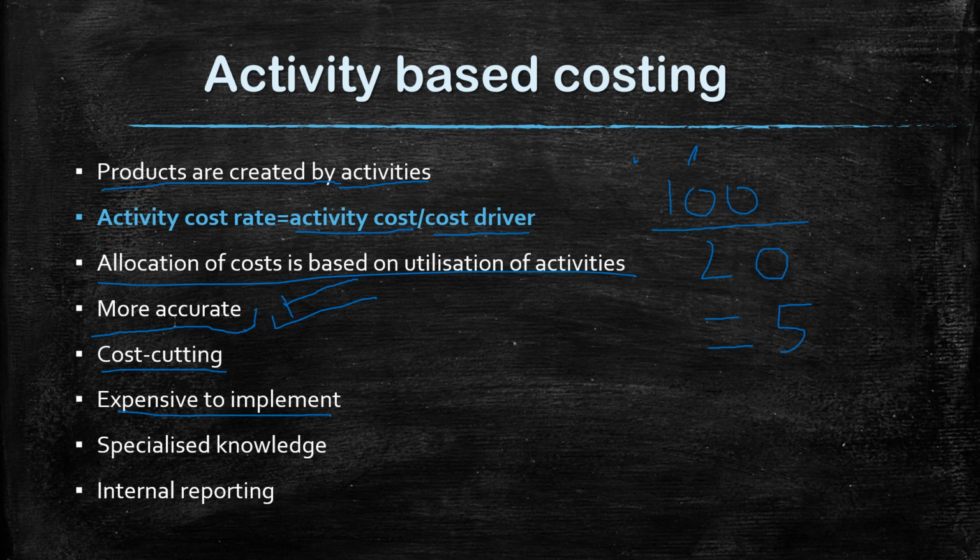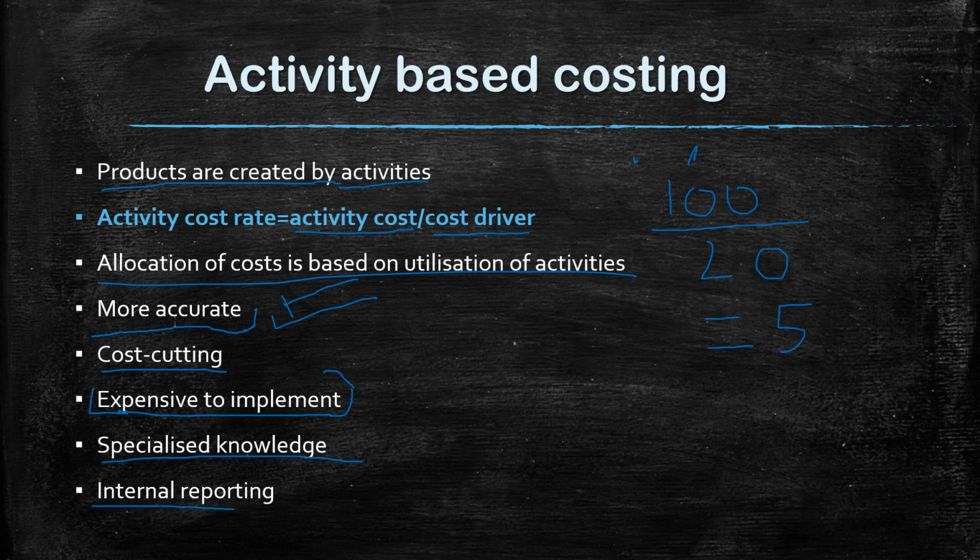Now, one of the disadvantages of the ABC system is that it is expensive to implement. Most companies are reluctant, even workers are reluctant to use the ABC system, since there's so much inquiry that goes on, and it also requires specialized knowledge to use. It is not as easy to use as the traditional system.